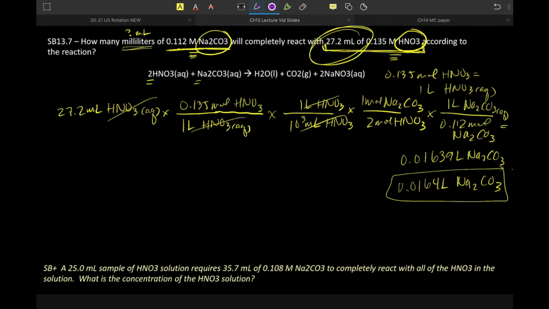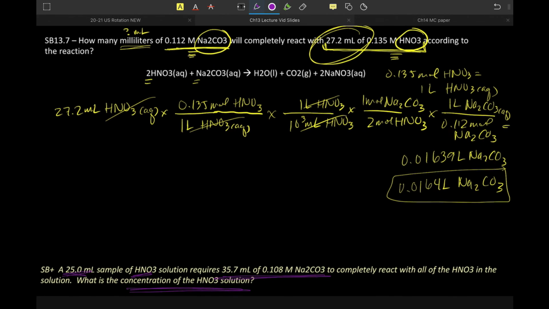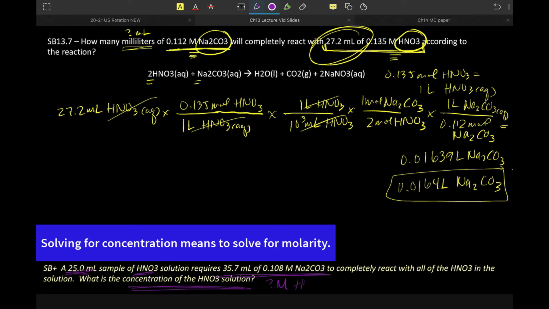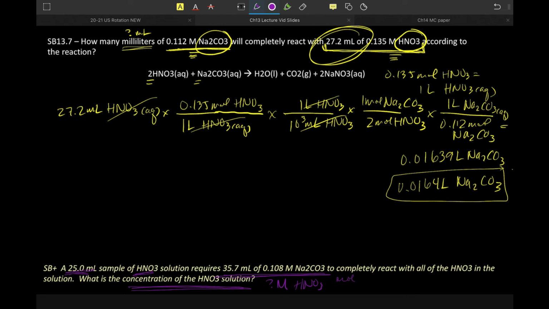Now, if we take a look at our follow-up question, it says that a 25 mL sample of nitric acid solution requires this concentration of sodium carbonate. What is the concentration of the HNO3 solution? So now we would like to solve for the concentration, which means that the molarity is our question, the molarity of my HNO3. In order to solve for molarity, I'm going to need moles and liters.